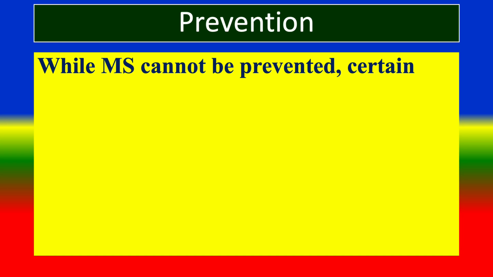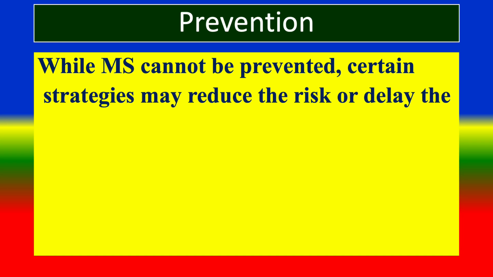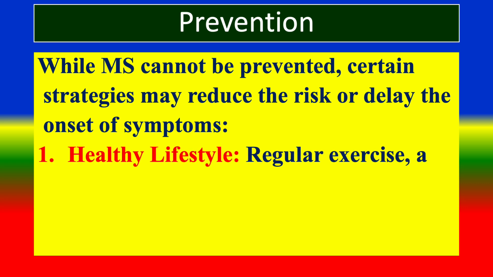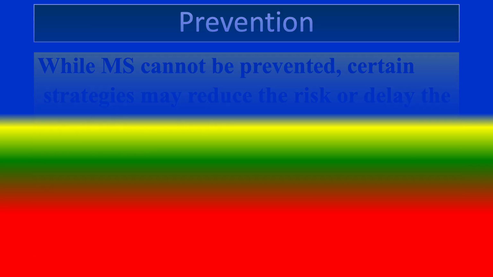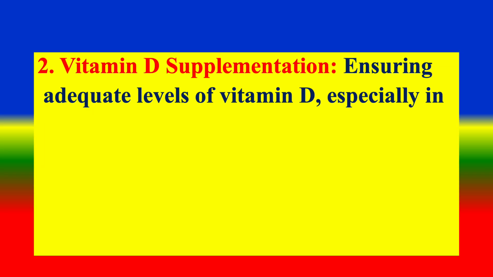Prevention. While MS cannot be prevented, certain strategies may reduce the risk or delay the onset of symptoms. 1. Healthy lifestyle: regular exercise, a balanced diet, and avoiding smoking. 2.